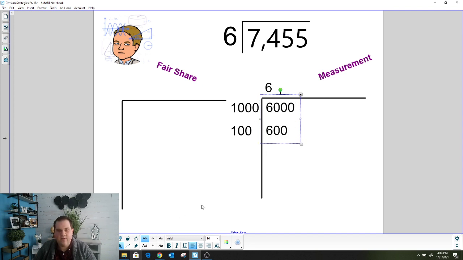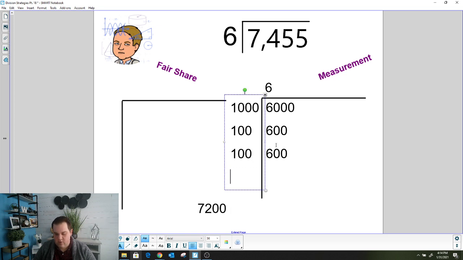So now I have 6,600 in my array, and I'm going to keep going until I get to 7,455. So the next amount of groups of 6 that I'm going to take away is 100 more groups. And I know if I take 100 more groups away, that's going to be 600 more, which this will bring me now to 7,200. I'm getting closer to this 7,455 now.